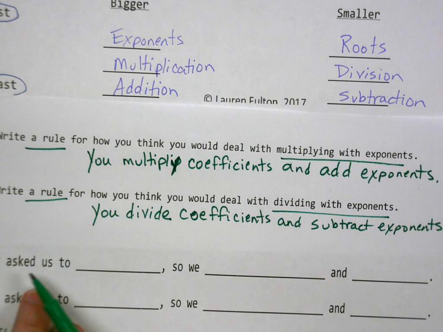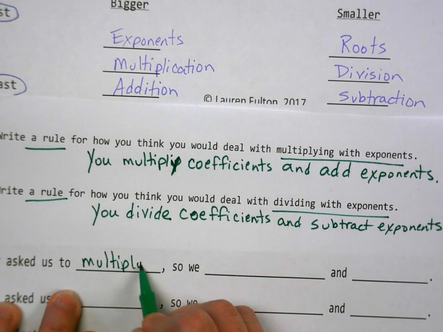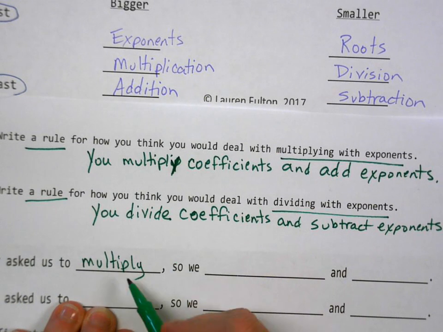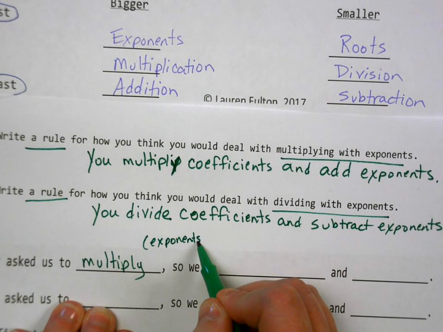Okay, so when they asked us to multiply, again, we're talking about things with exponents.